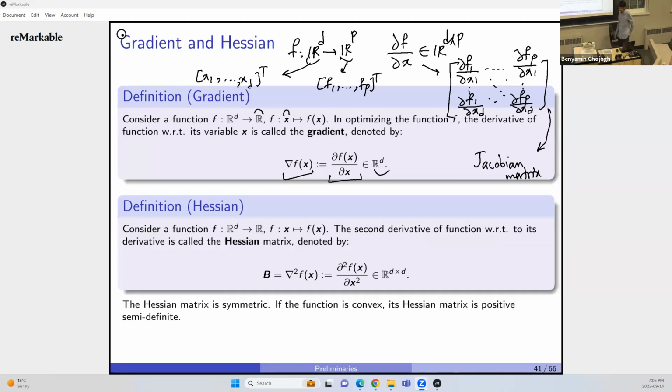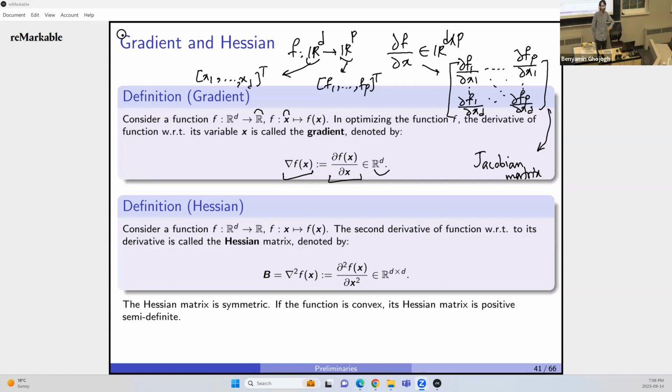And what is Hessian? Hessian is just a second order derivative. Usually the function is a scalar and the variable is a vector, then the second order derivative becomes a matrix. Why? You can see the second order derivative as the first order derivative of the first order derivative, right?